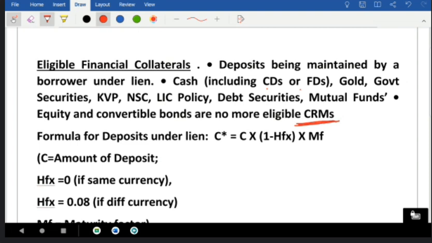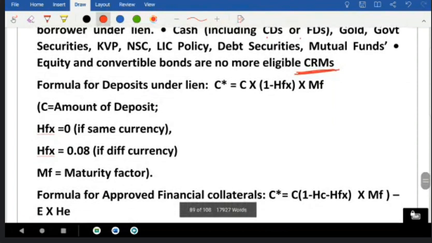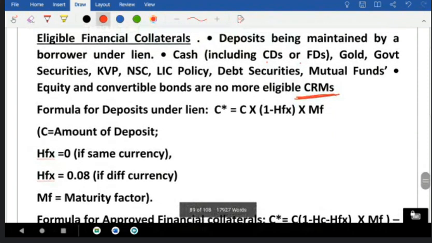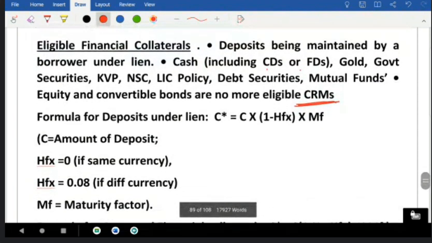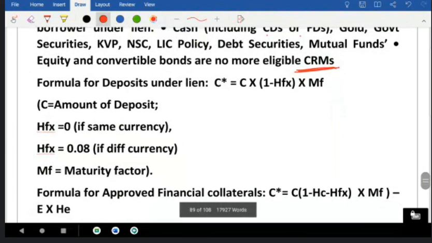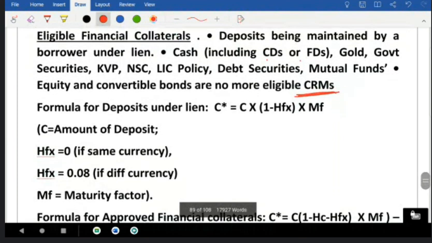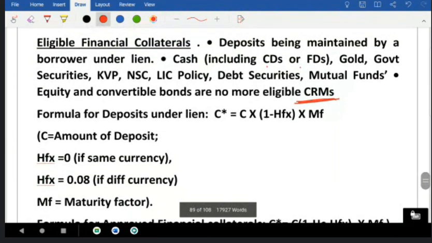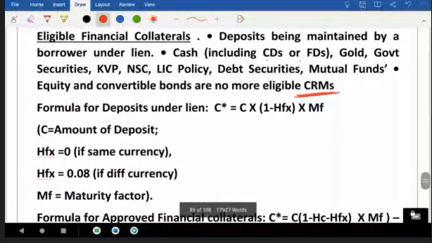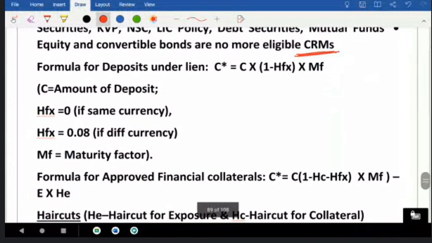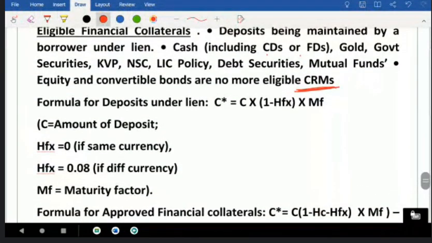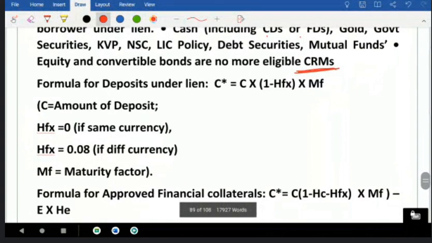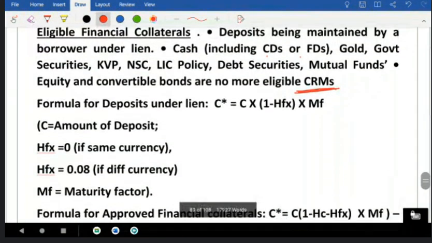That means their maturity factor is counted as 0, because they are 100% secured. That's why they are not counted in eligible financial collateral.